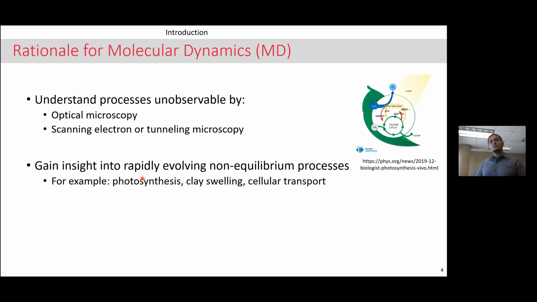I'm talking about processes like photosynthesis. I'm talking about things like clay swelling. I'm talking about all of these non-equilibrium processes. And so if you want to begin to get some insights into what's happening in these processes, what most people do is they set up a molecular dynamics simulation.